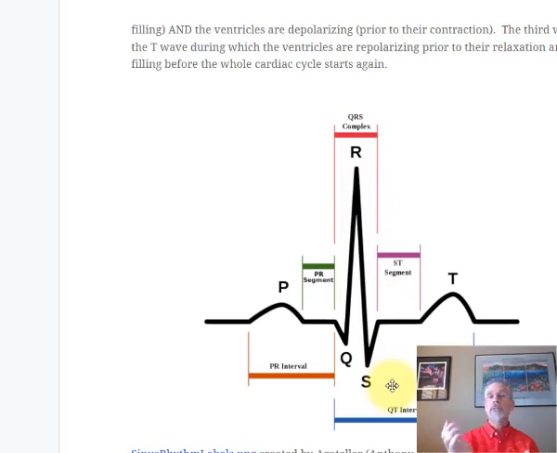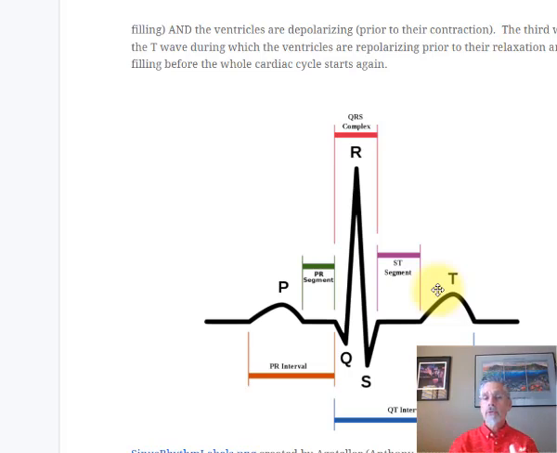But when the atria are switching over to this relaxation and filling stage, now the ventricles are going into their contraction phase. So the QRS wave is also where the ventricles are depolarizing. Then they're going to contract and eject their blood out the major arteries, and then the T wave is where the ventricles are repolarizing again to be able to relax and fill for the next cardiac cycle.